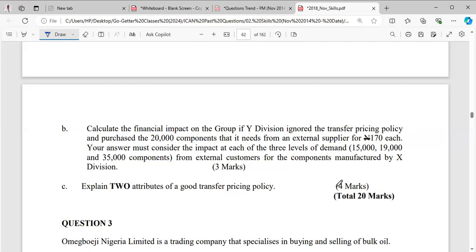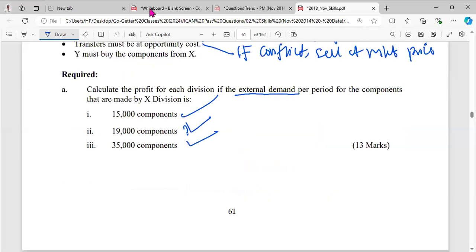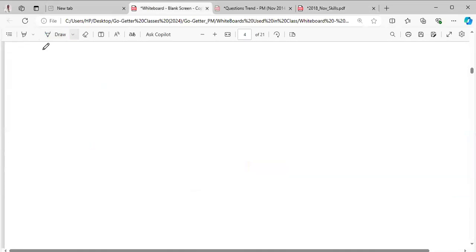The impact on each of the level of demand. Okay, so let's see. We'll come back again, the B parts. So let's go down here.